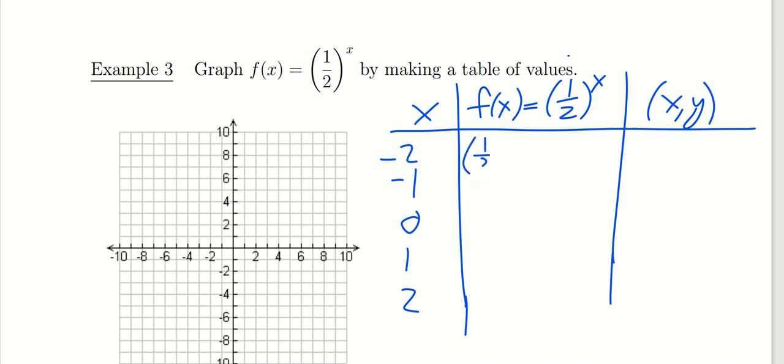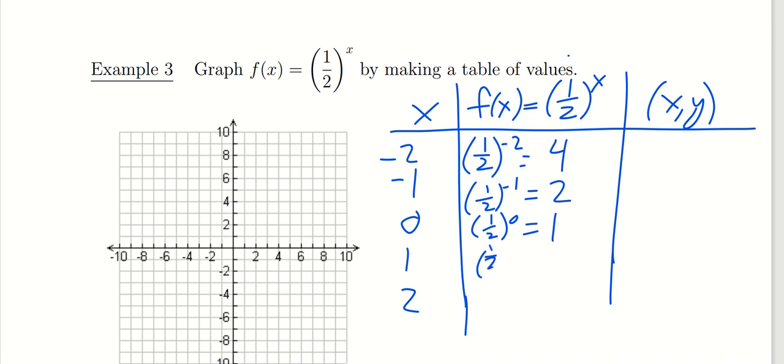If we plug -2 into the function, we get (1/2) to the -2nd. That's going to be equal to 4. (1/2) to the -1st power is going to be equal to 2. (1/2) to the 0 power is 1, because anything to the 0 power is 1. (1/2) to the 1st is 1/2.